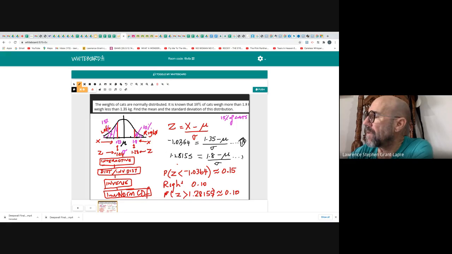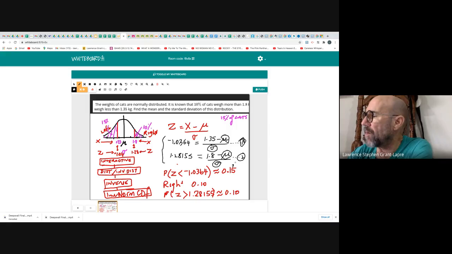We can put that into the calculator and solve the simultaneous equations. So I'm going to select the menu that looks like this. I'm going to put an X here for the mean, and on the calculator I'll put a Y in the position for standard deviation.